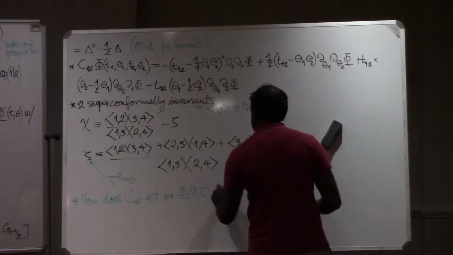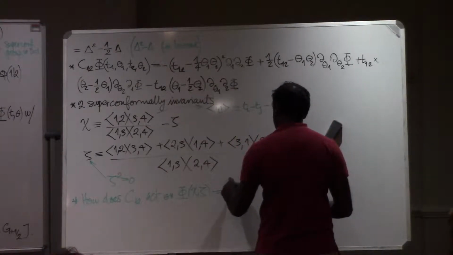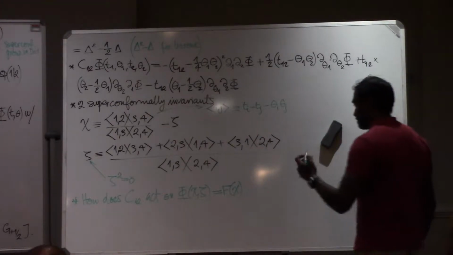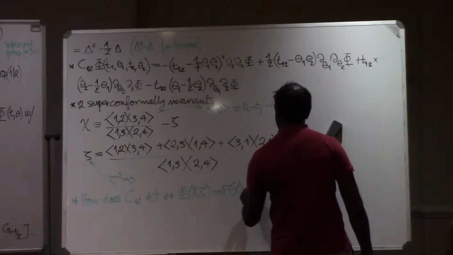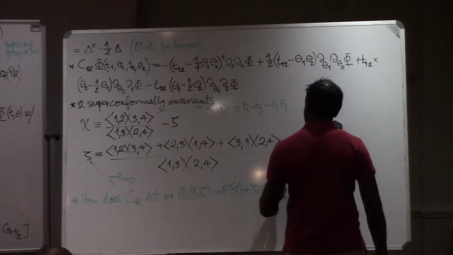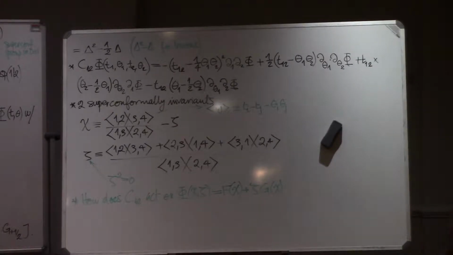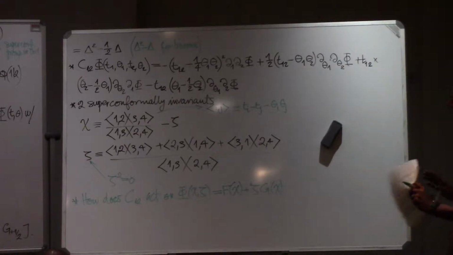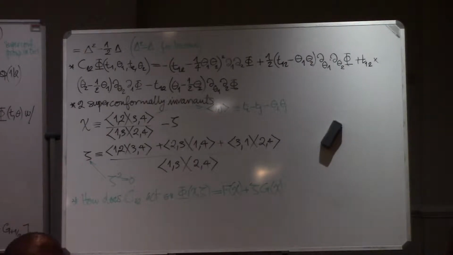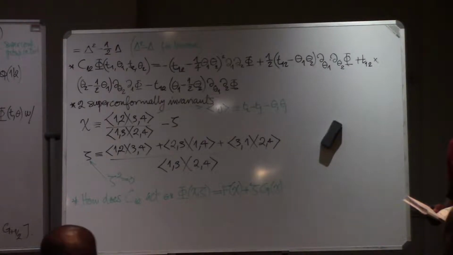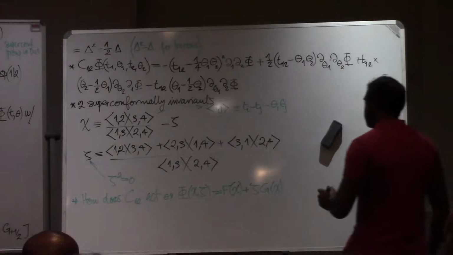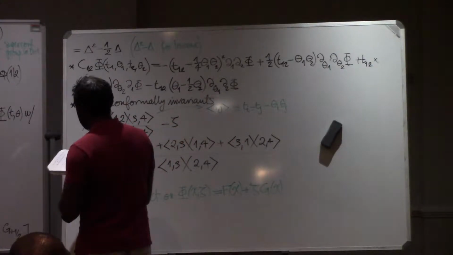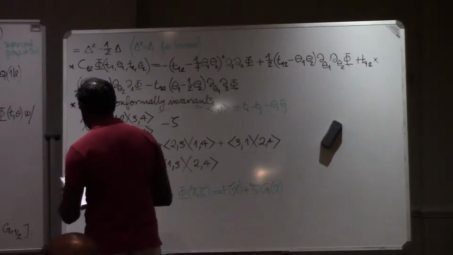The functions phi that we're interested in acting on are of the form some function just of chi plus zeta times some other function just of chi. We can do this in general, or we can use the OSP(1|2) that we have at our disposal to fix some things and make our lives easier. Again, this is just a matter of convenience.